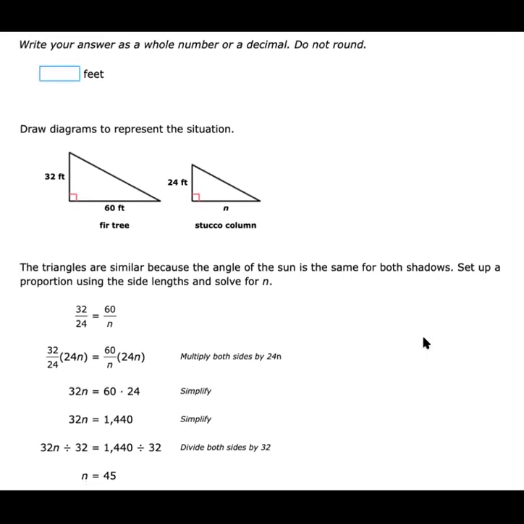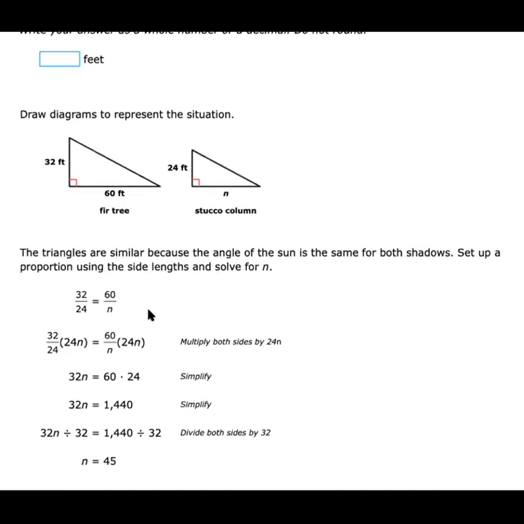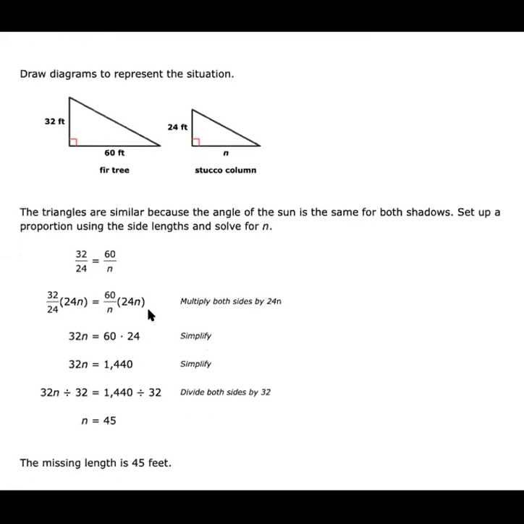Okay, so now we're just getting back into what we've been doing with all the other ones. So we're going to do the tall side on both the fir tree and the stucco column, and it's going to be equal to our shadow, which our shadow is 60, and then our shadow of our stucco is going to be n variable. We're not sure what it is.